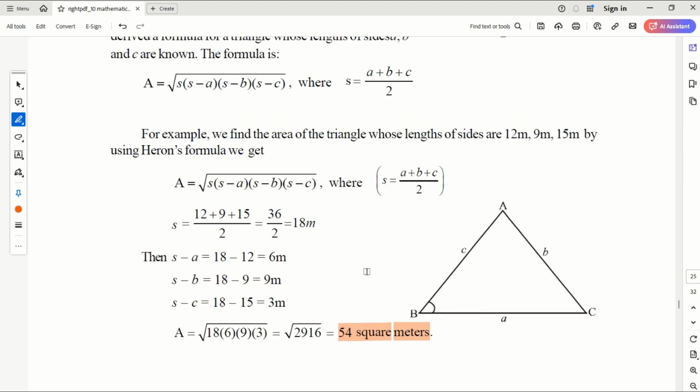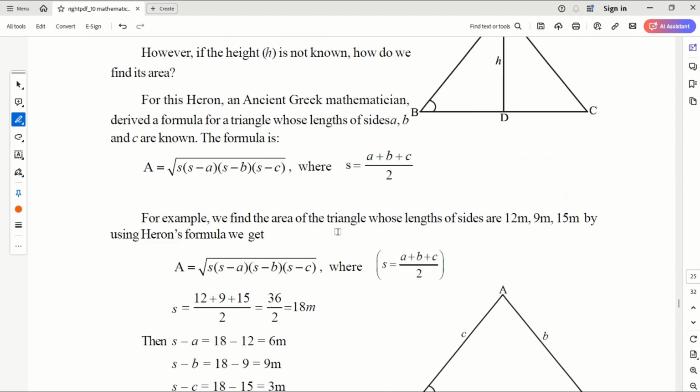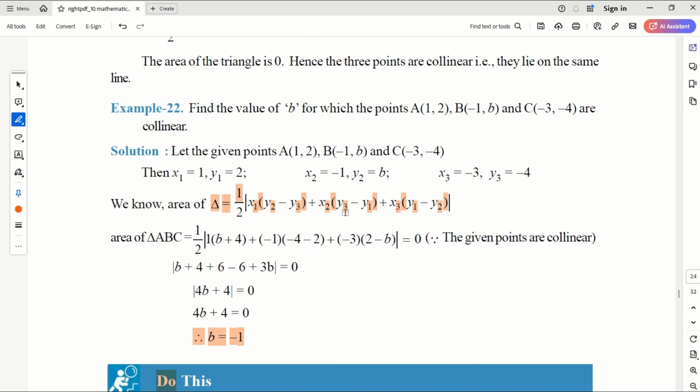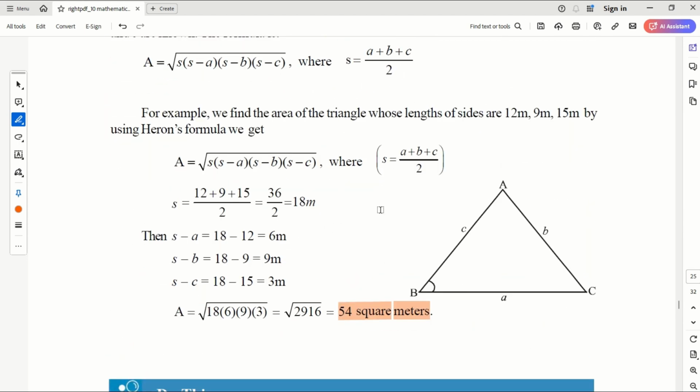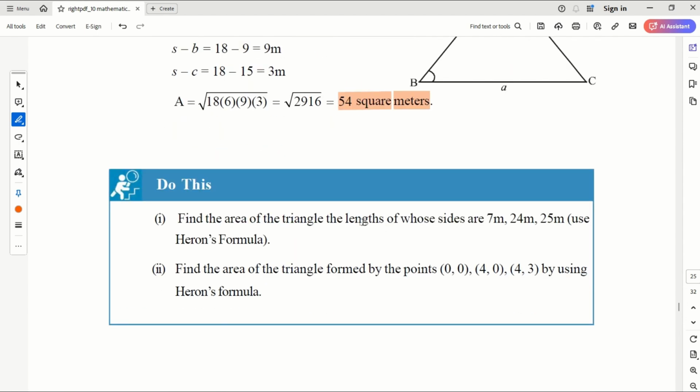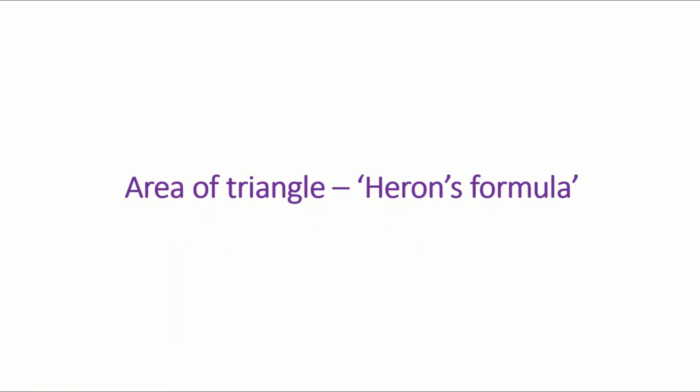But if coordinates are given, I think the initial equation we tried is better, because you don't need to calculate three distances. Here you would need to calculate a, b, and c, which again, as I said, involves square roots and squares. So you choose whichever you feel is easy. Okay, let's do this.